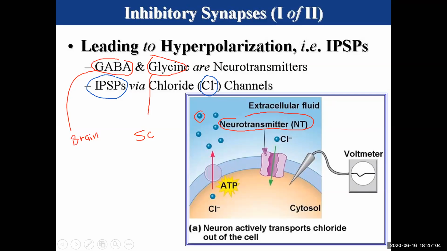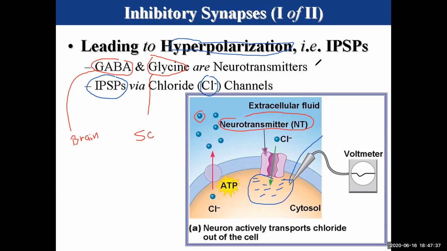And what happens is, when you have a net accumulation of negative charge, you're making the cell, the inner leaflet, even more negative than before, right? So this is hyperpolarization. You are making the polarity worse than before. You're making the inner leaflet even more negative than when the neuron is at rest.